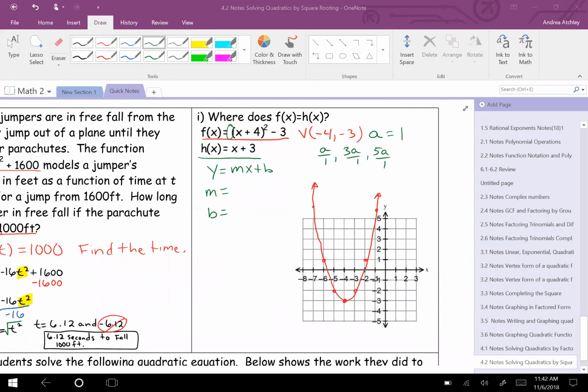At 3. Okay. And our slope is the number in front of the x, which is 1 over 1. And remember, slope is rise over run. Is this ringing a bell for you guys? So we're going to go where y is 3, which is right here. Then we're going to go up 1 and over 1, up 1 and over 1. Then we're going to go down 1, left 1, and keep doing that so we have a very accurate line. So here is my line.